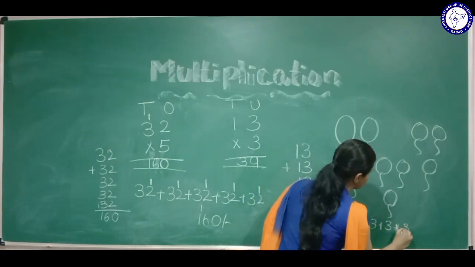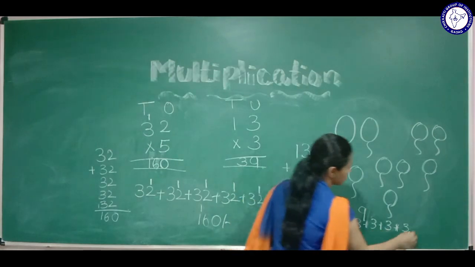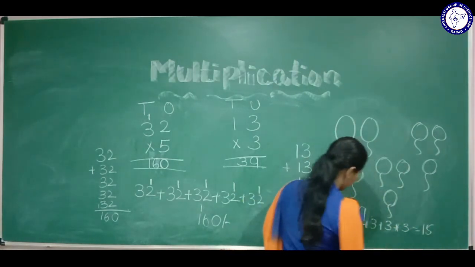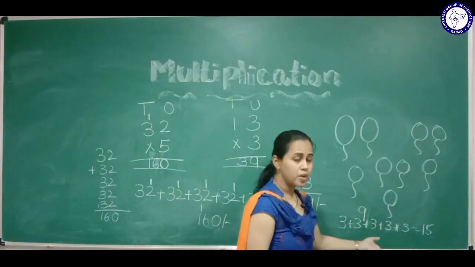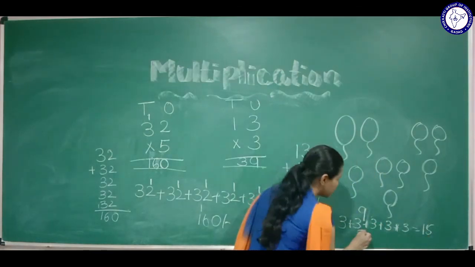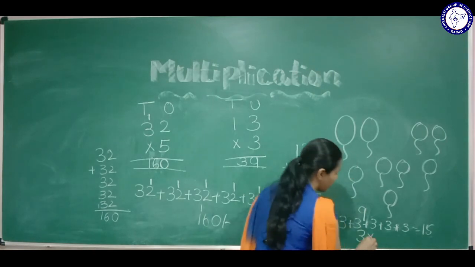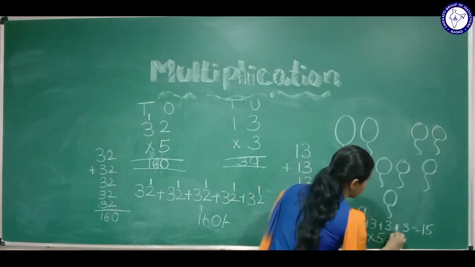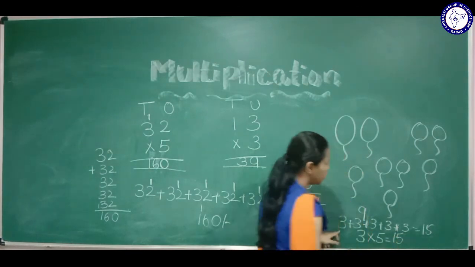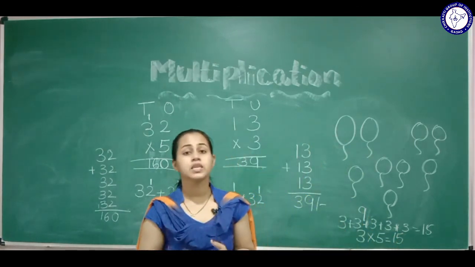So 15, right? We are repeating the same numbers here. Better we just make it easy: 3, how many times? 5 times. So we got the answer 15, right? So this is easier.